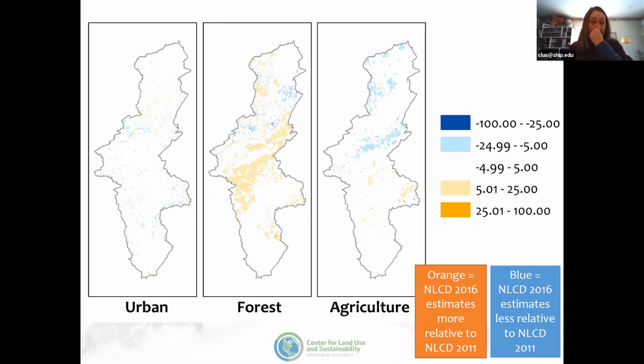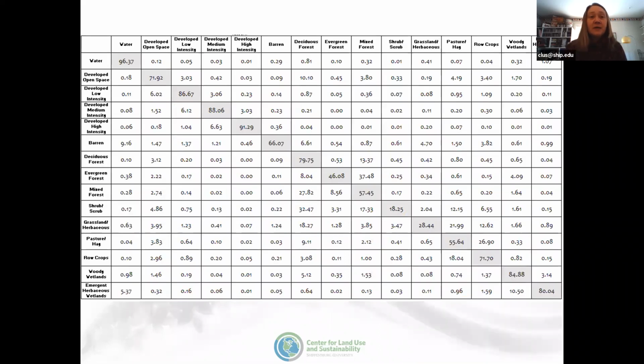When we look even closer at the pixel by pixel comparison, what we're looking at here is what's called a confusion matrix. The rows show pixels that are mapped as different land covers in the 2011 edition, and then the columns show the 2016 edition.